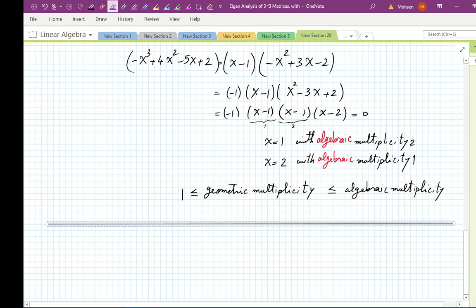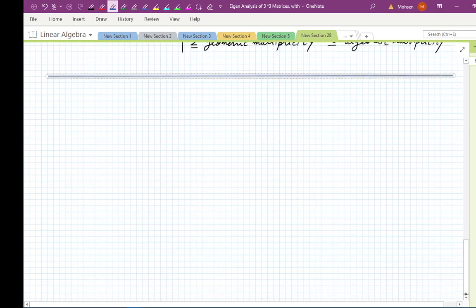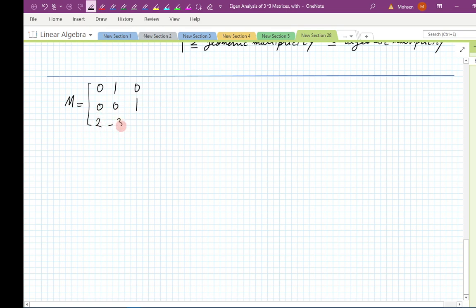Okay, now the question is, what do we do with all of this? Well, we are going to start from scratch essentially. We have a matrix. In this case, our matrix M is 0, 1, 0, 0, 0, 1, 2, minus 5, 4.